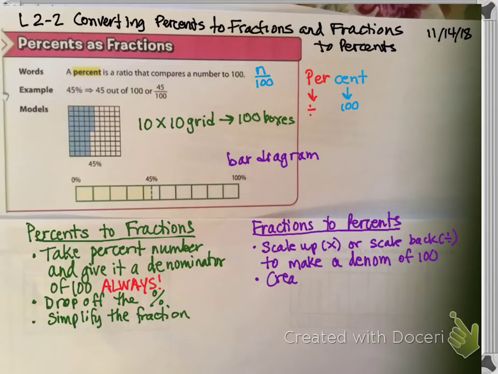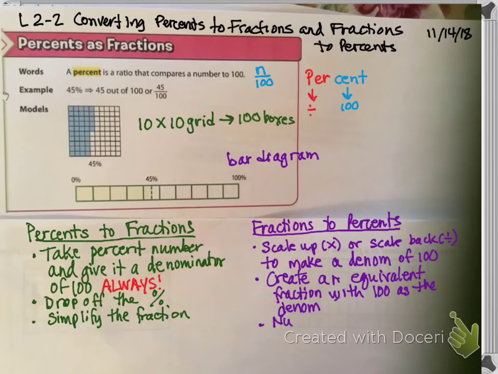So we're going to create an equivalent fraction with 100 as the denominator. So I'm going to say denom. And once I do that, the numerator is actually the percent number.